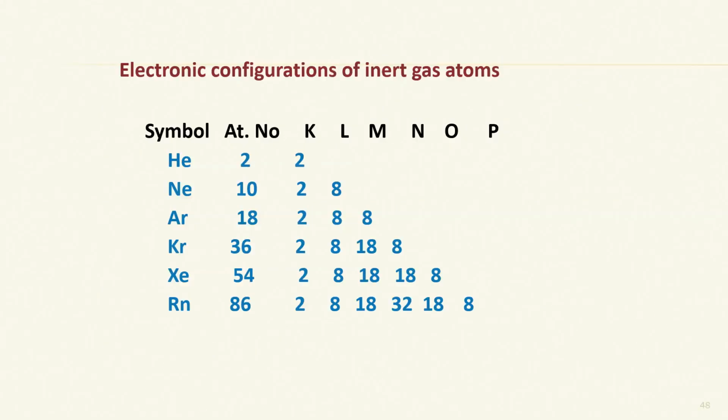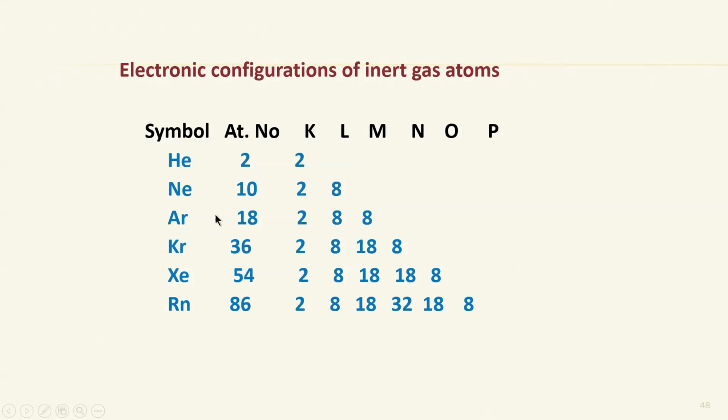If I apply this to a number of elements having atomic weights, you can see the symbol here. Helium, the atomic number is 2. So, the K shell can have only 2 electrons. When you go to the next one, the atomic number is 10, but that 10 can be divided into 2 parts, one is 2 and 8, that is Bury's rule.